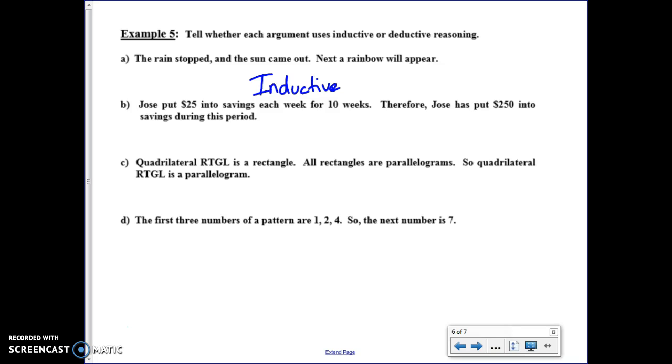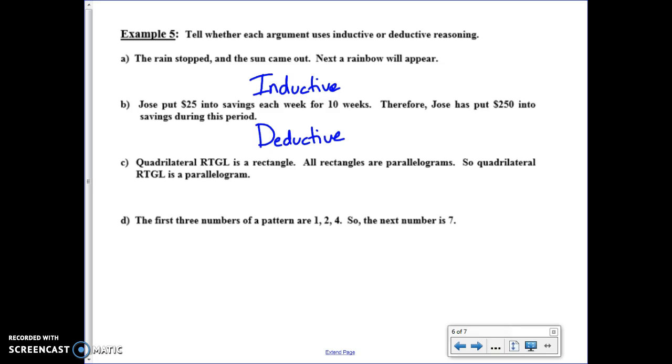Jose put $25 into savings each week for 10 weeks. Therefore, Jose has put $250 into savings during this period. This one to me is very factual based. So this is deductive. Quadrilateral RTGL is a rectangle. All rectangles are parallelograms. So quadrilateral RTGL is a parallelogram.